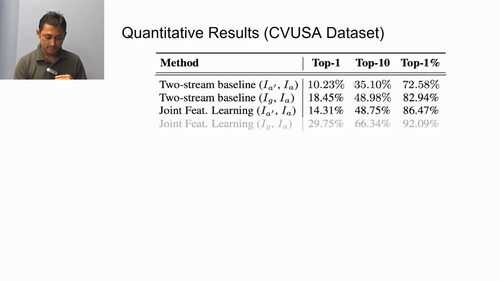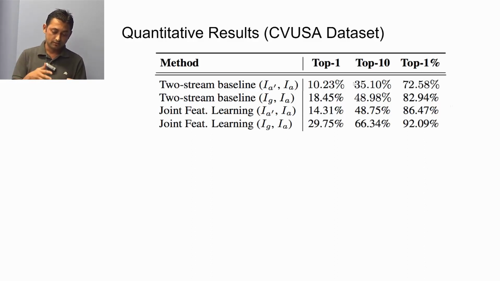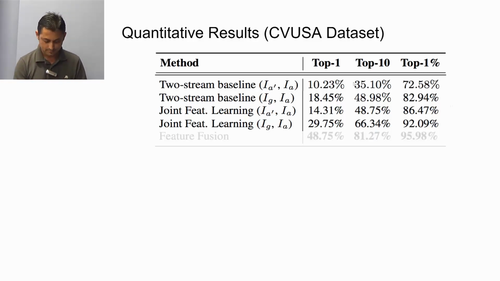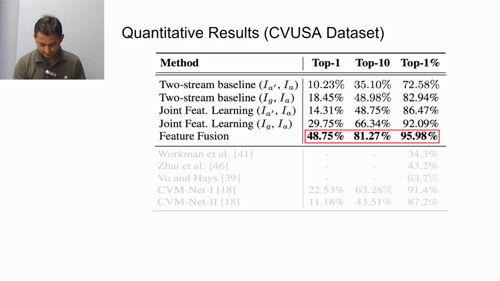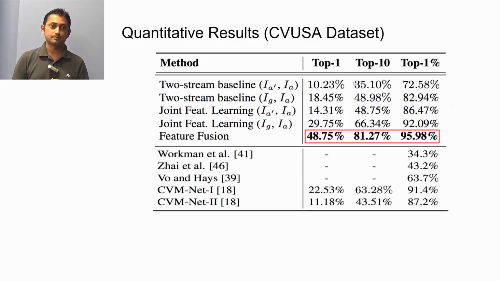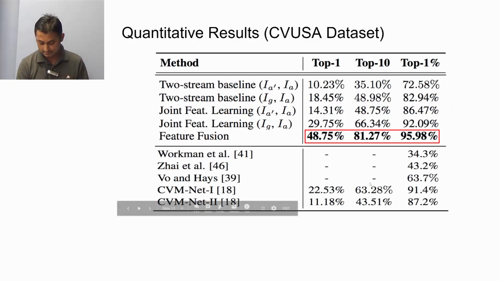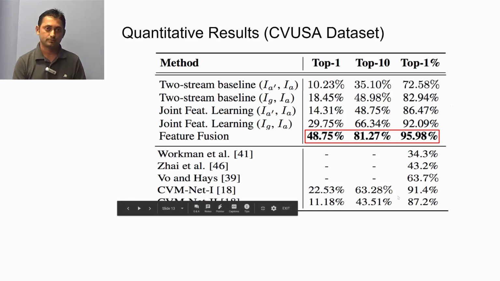For joint feature learning, we have two results, where we use either the synthesized aerial or the ground image with the original aerial images. And finally, we have our feature fusion method, which does the best. Here are some of the results from the previous state-of-the-art methods, and we can see that the proposed feature fusion method does consistently better than the previous methods for top 1, top 10, and top 1% accuracies.